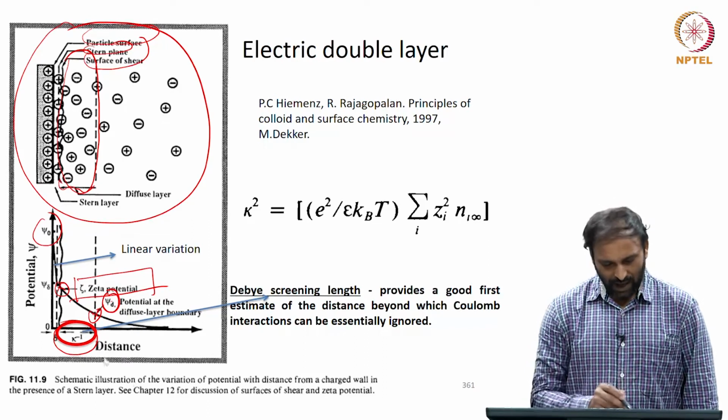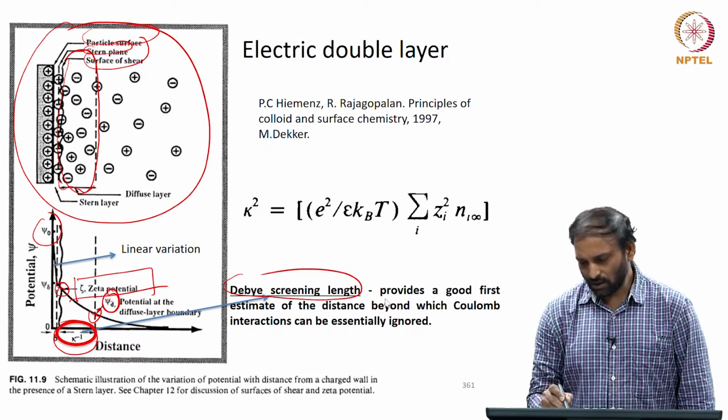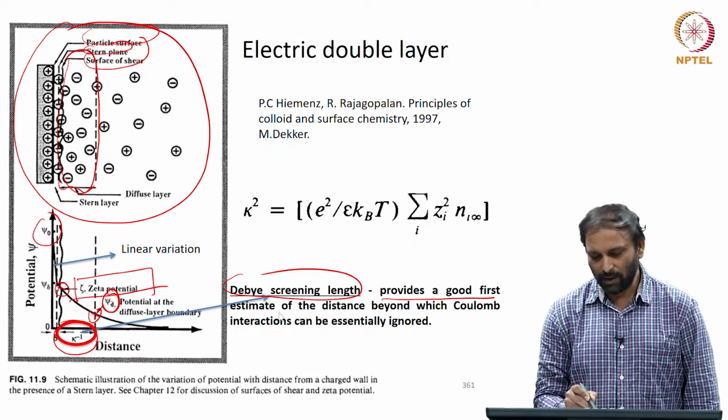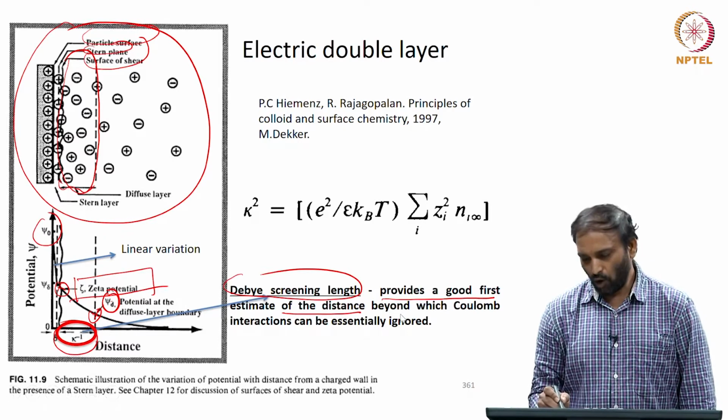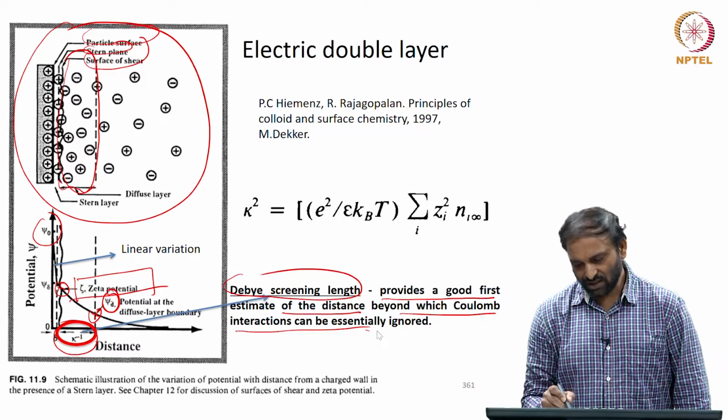And this K inverse, the Debye screening length, provides a good first estimate of the distance beyond which the Coulomb interactions can essentially be ignored.